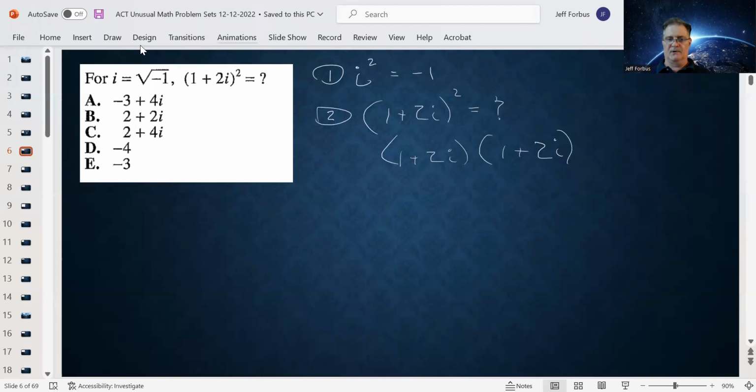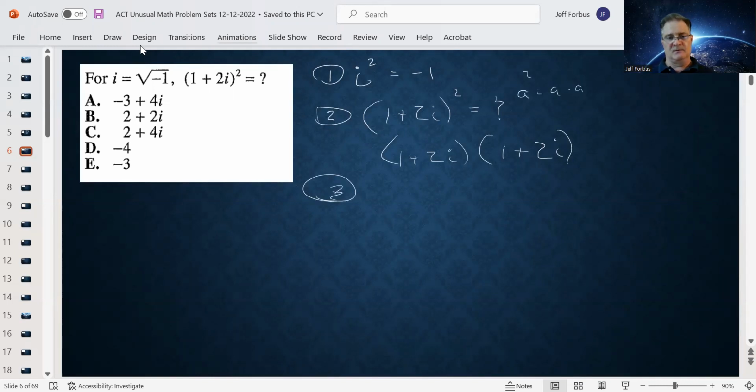This 2 means we have 2 of the binomials. It's like, for instance, a squared. That just means a times a. Same concept. Now, with that in mind, we need to multiply the 2 binomials together with the process of what's called FOIL.